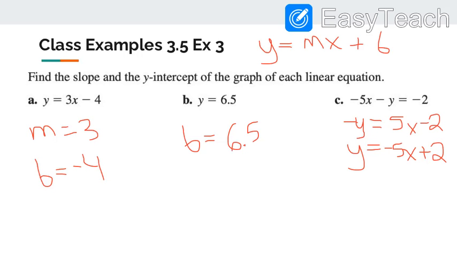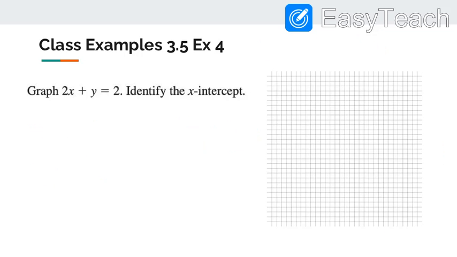At this point, you can now solve for that m and b because it's in the proper format. So your slope would be -5, and your y-intercept would be +2. Again, same thing with this one. You have to rearrange it first.